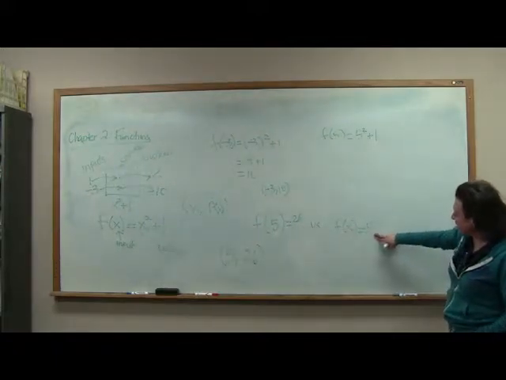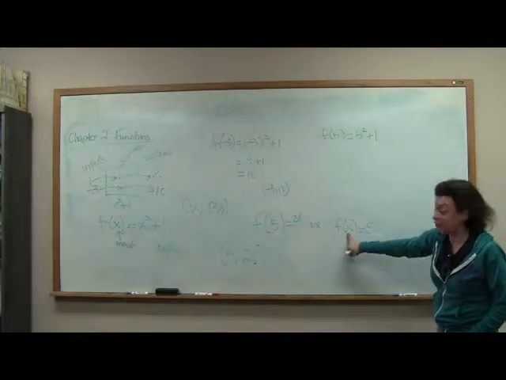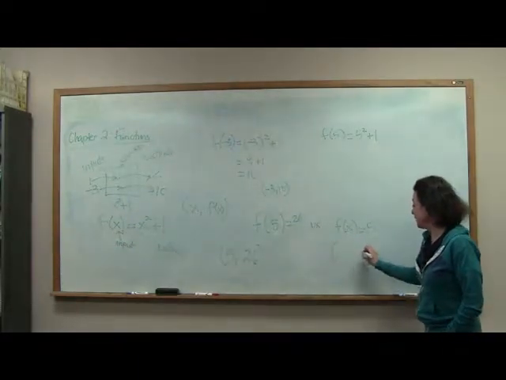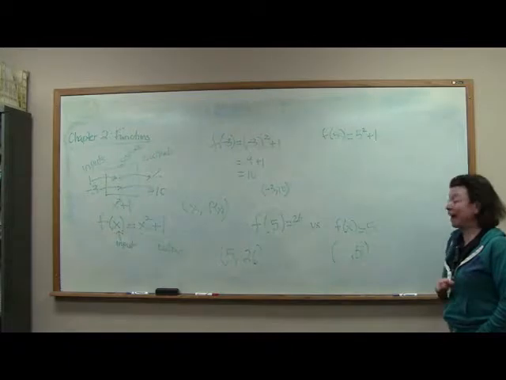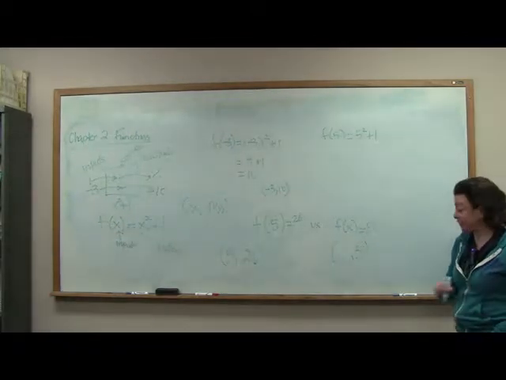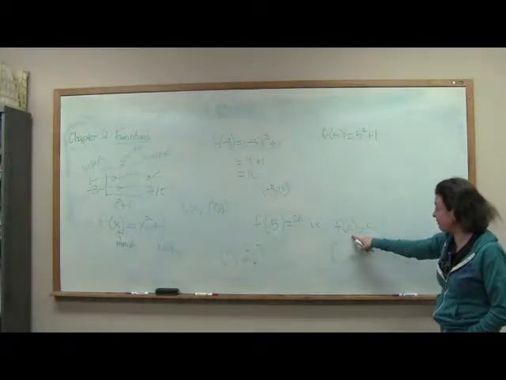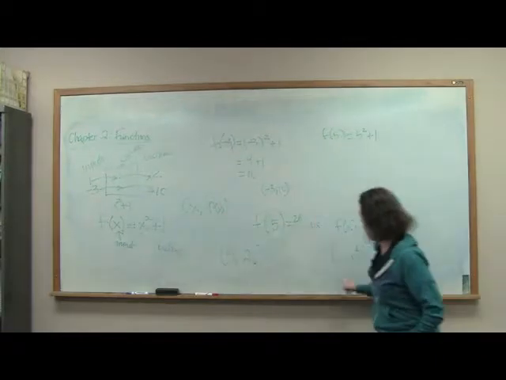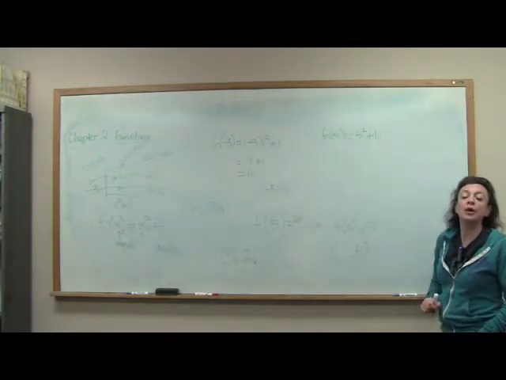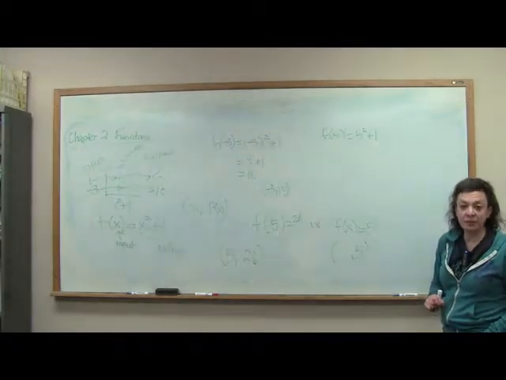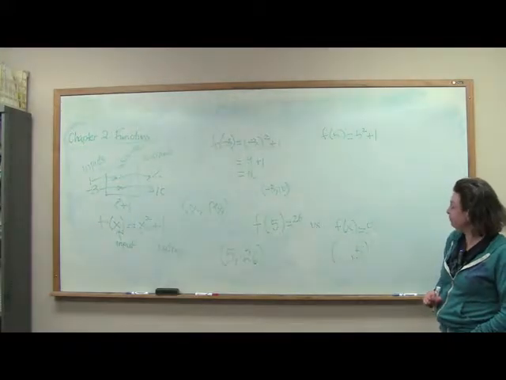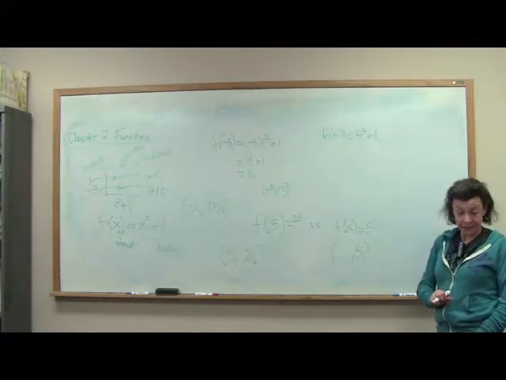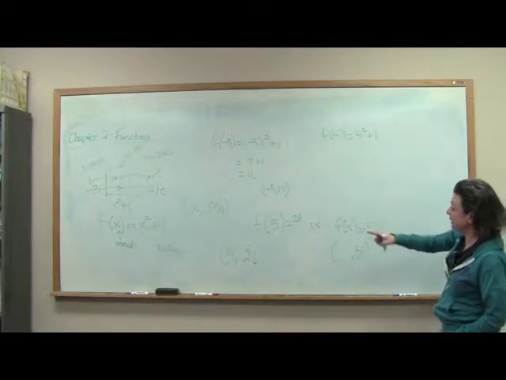Now, notice here, you're not given your x value, you're given your output or your function value, right? You're told, hey, f of x is equal to 5. What we want to do is find the value of x that takes us there. Can we do that? Yes, we absolutely can.